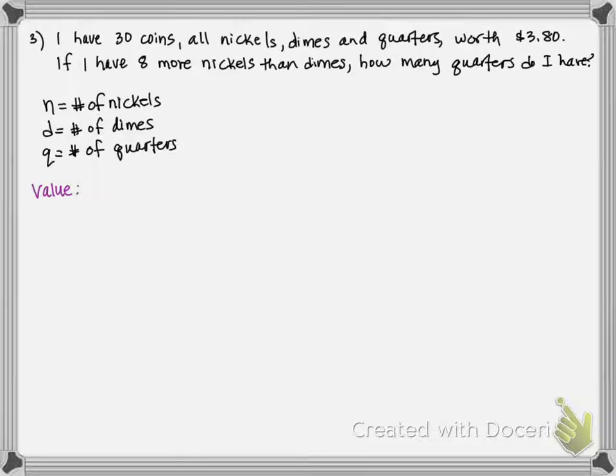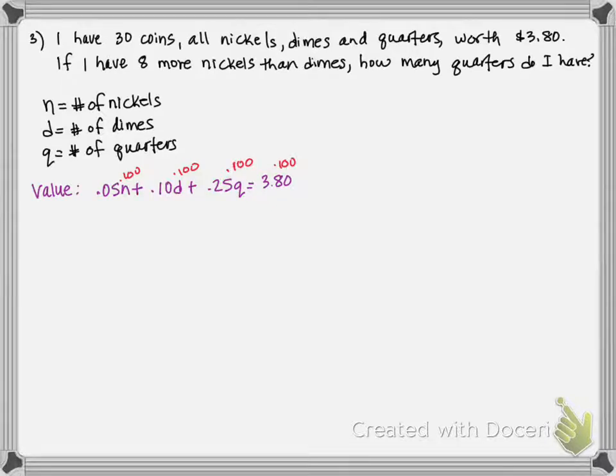So I know that a nickel is 5 cents, a dime is 10 cents, and a quarter is 25 cents, and that's $3.80. So then I'm going to go ahead and multiply everything by 100. Now here's probably the single most common mistake kids make.